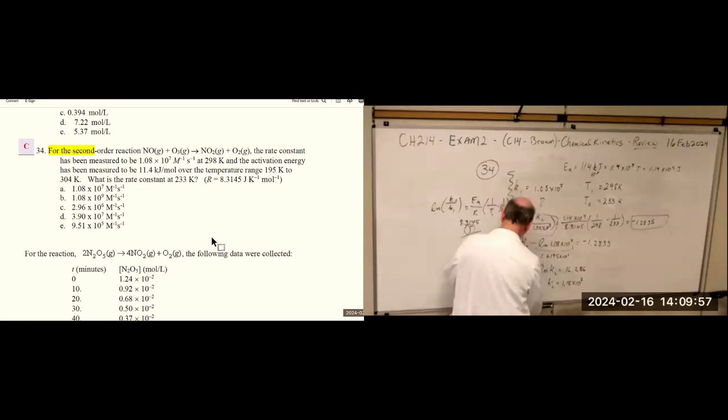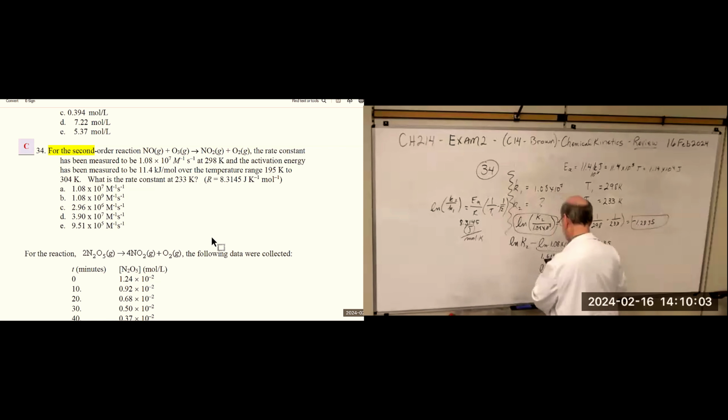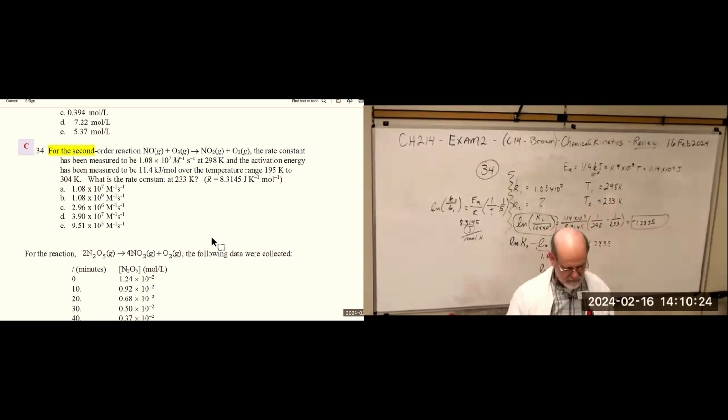All right. This value, not that one anymore, it's 14.91. Now I take that to the E power. 2.99 times 10 to the 6th. Close. 2.96. Yeah. Pick the best answer.